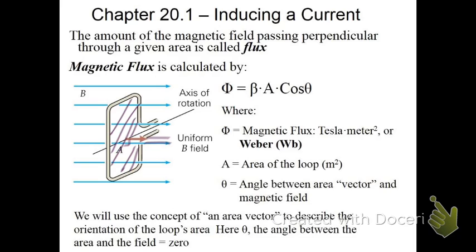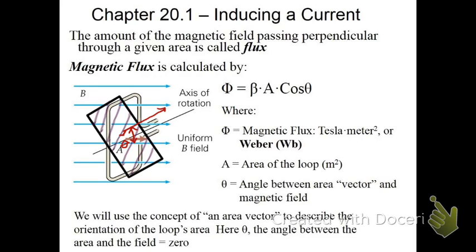So if I change the orientation of this loop to something like that, its area is not facing as perpendicular to the field as it once was before. This new angle between the normal and the field line is the angle whose cosine we put into our equation.